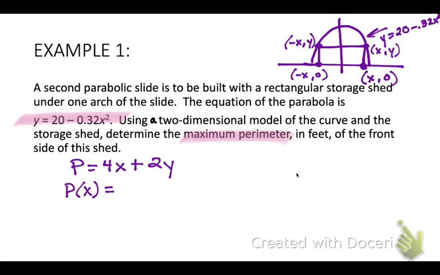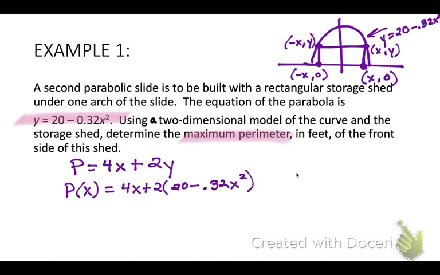Because isn't it true that (x, y) is a point on this function? So if I know that this point's on this function, then I can just plug this in place of my y. So I get 4x plus 2 times 20 minus 0.32 x squared.